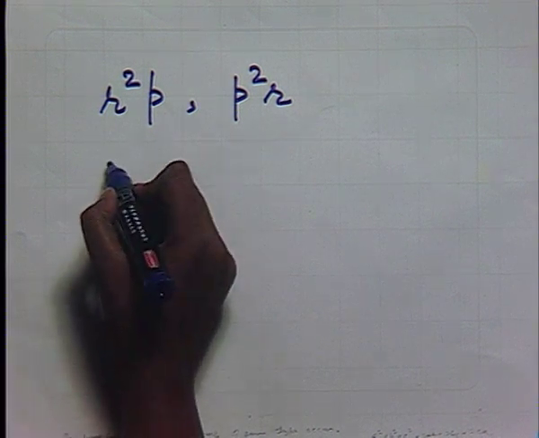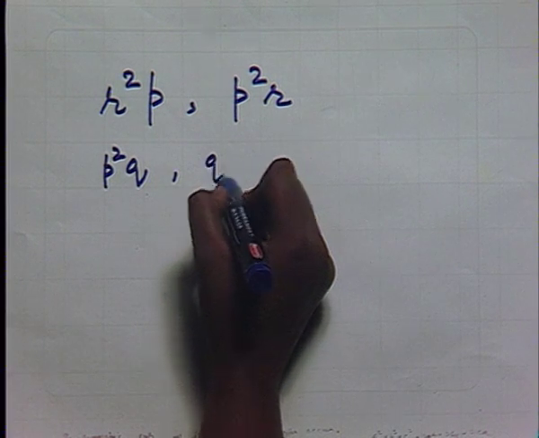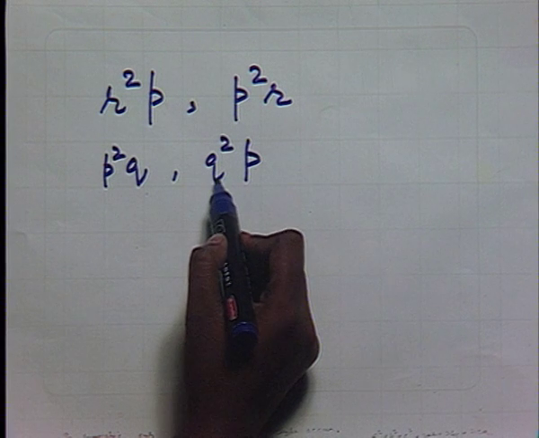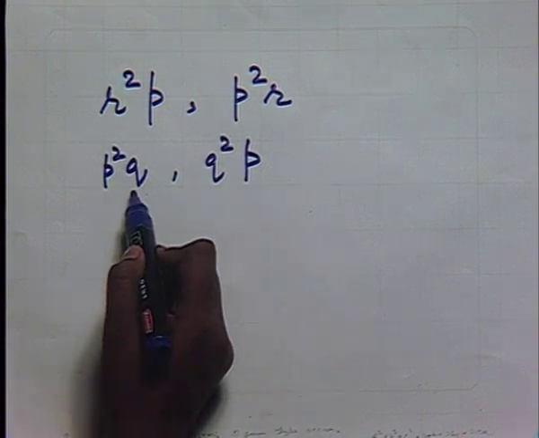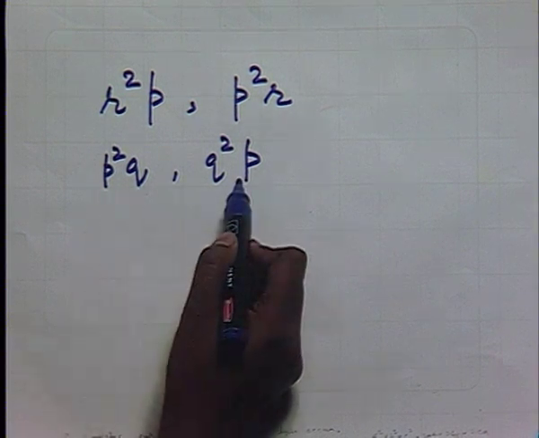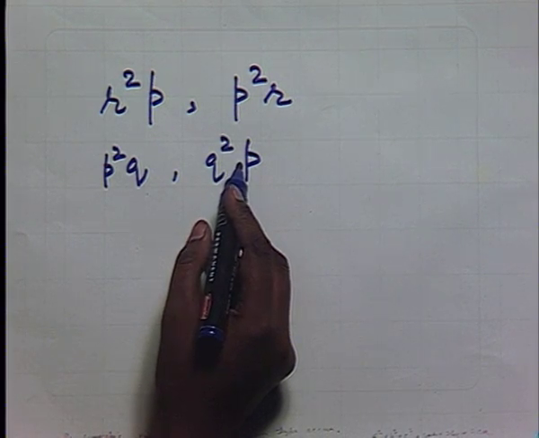Similarly, in the case of p square q and q square p, we find that the term q square p can be obtained from the term p square q by interchanging p and q. Similarly, this term can be obtained from q square p by interchanging p and q.